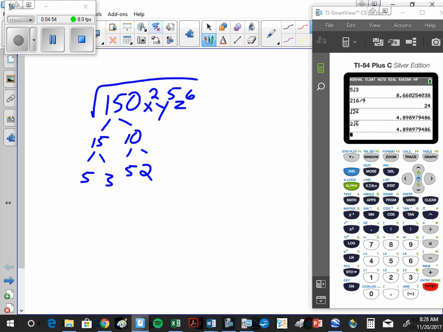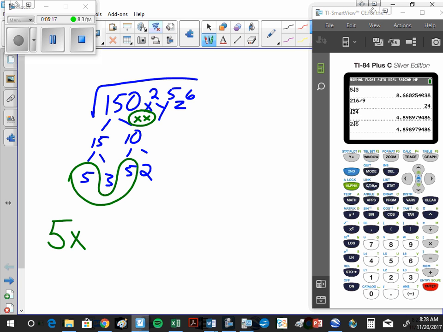Can I bring anything out? I have a set of 5's, so I write a 5 on the outside. Can I bring anything else out? Well, I have x squared, which is x and x, so I can circle one set of x's. And I can bring out one x.